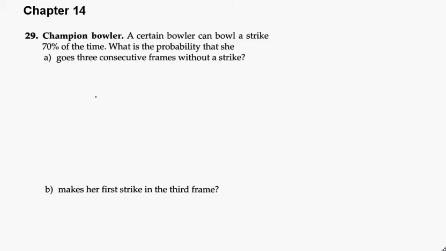So she goes 3 consecutive frames without a strike. Okay, so let's see. How could we model that? That would be the probability of no strikes.